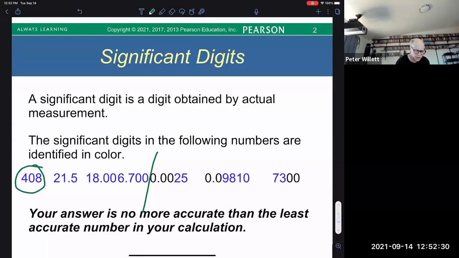If we look at this next number beside that, they've highlighted all of the digits. And the idea is that you have 21.5. So this is 3 significant digits. You can sort of count up. There was 3 here. There was 3 here.